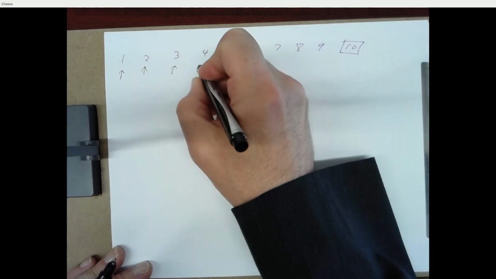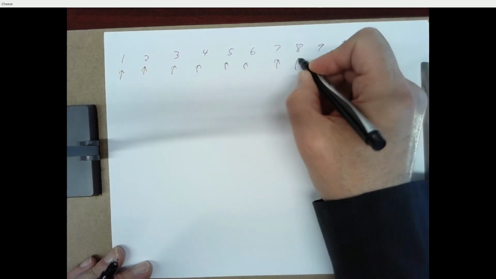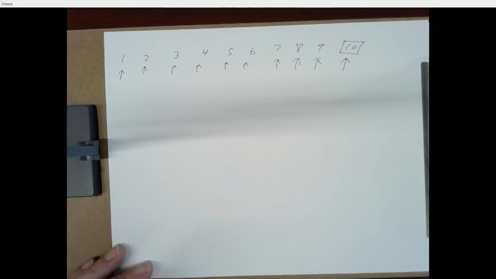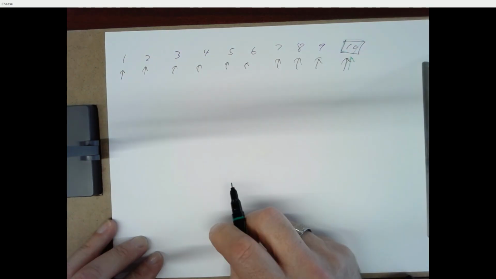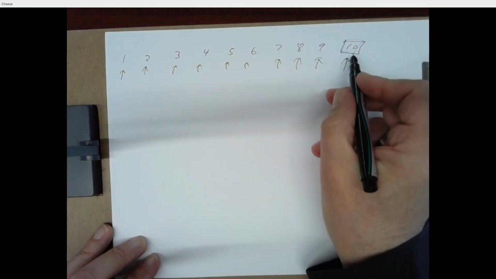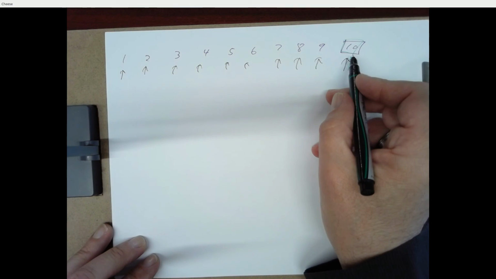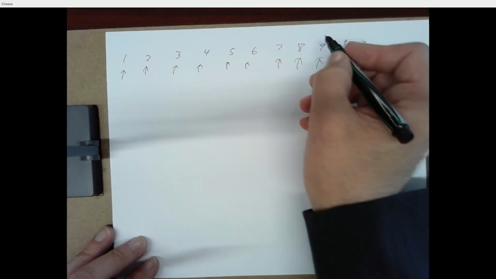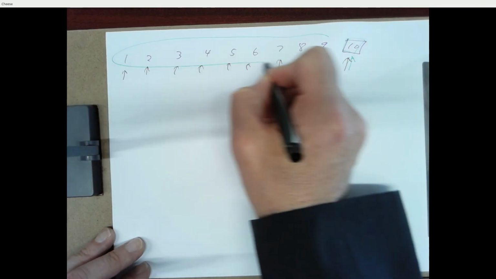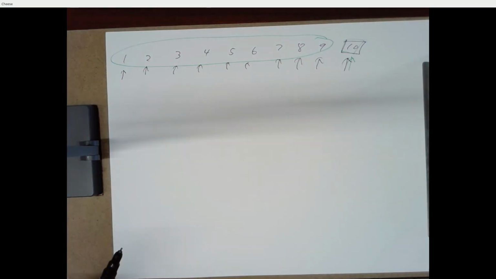This is smaller. These are all smaller than our pivot until we come down here. And so that tells us that we need to switch this element with itself. In other words, this is already in the correct position. And then we're going to call quicksort on the right side, and there's nothing to the right.